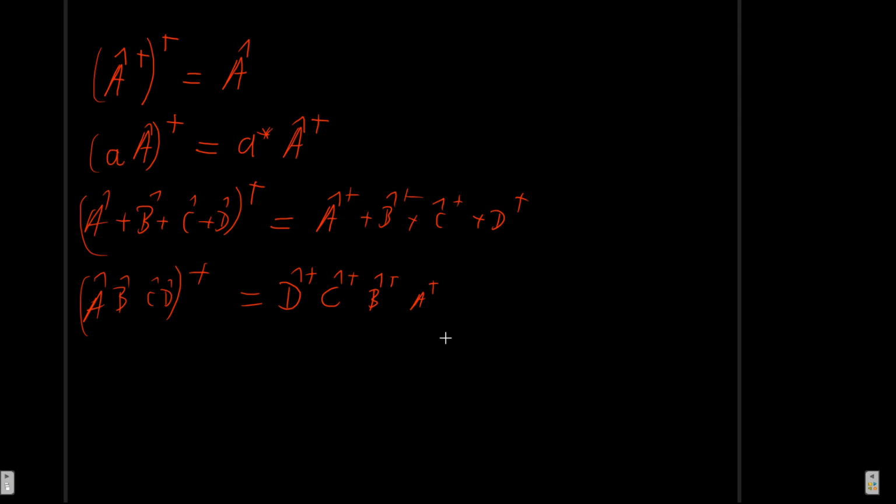Now, something that we have to note here is what happens if we have some sort of number inside of a bra and a ket. So for example, if we have some constant a times operator A acting on psi, now this is something that we have discussed previously. I just want to give us a quick reminder of this because it is important, and I'm going to use it in just a bit.